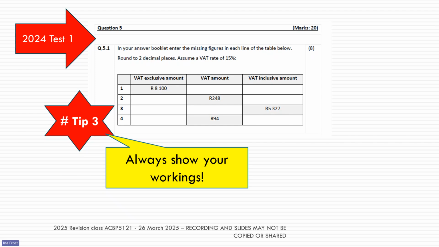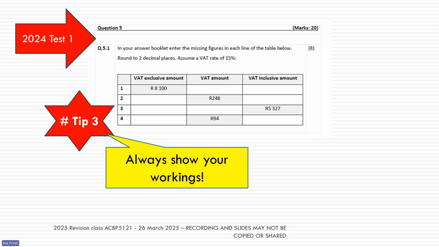That brings us to exam or test tip number 3: the importance of always showing your workings. Remember, we did touch on it a little bit in Learning Unit 2, but here in Learning Unit 3, it's even more important because now you've got to be making all kinds of calculations. Also, remember to read your required carefully. If you look at that top sentence, it tells you to round to 2 decimal places.